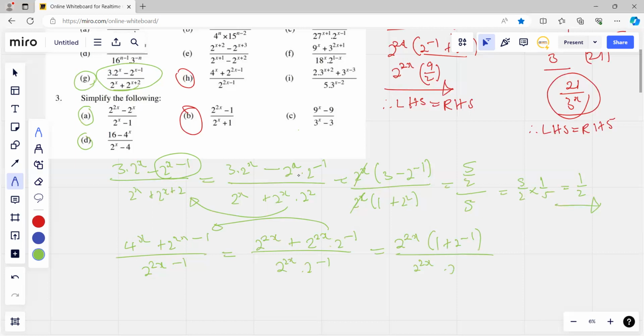Then the like terms cancel each other, and we're left with 1 plus 1 over 2, divided by 1 over 2. This is equivalent to 1 plus 2 to the negative 1 divided by 2 to the negative 1, and we get 3. Then this is our answer.